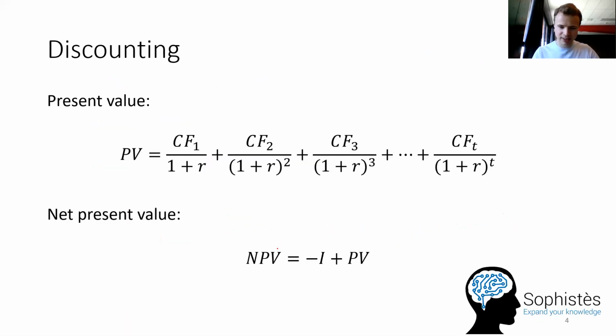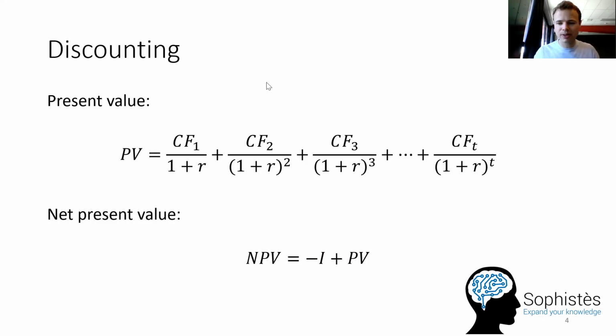That's what you're seeing here. The net present value is the present value minus the investment. So maybe you have to invest €50, and then after that you get that €100 each year. Then that €50 would be your investment, and then the present value is just the present value we just calculated. Okay. So that's also an important formula.